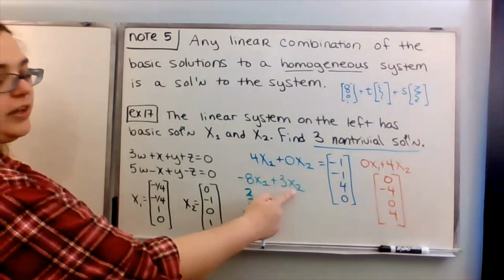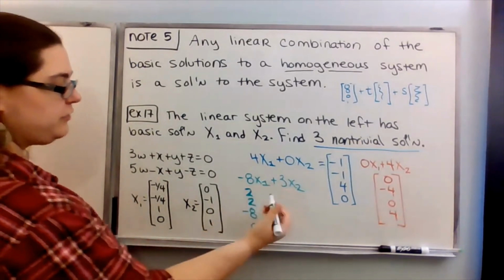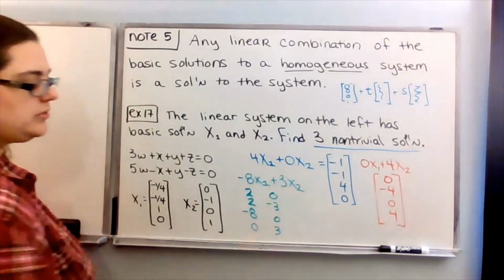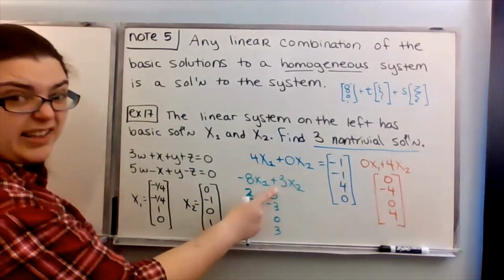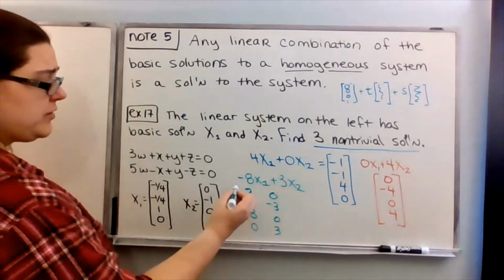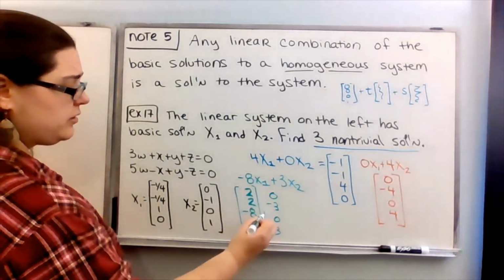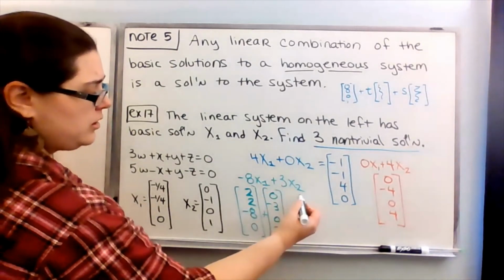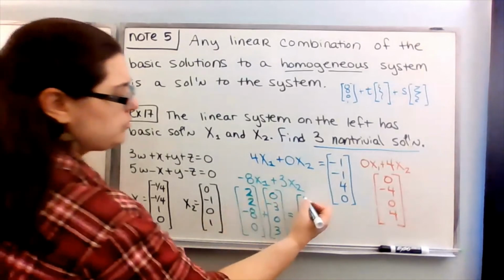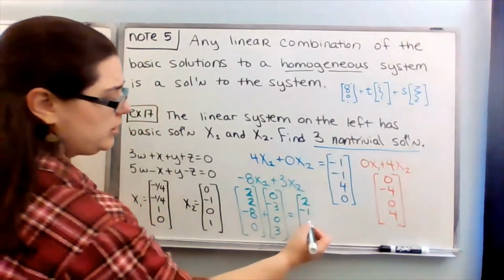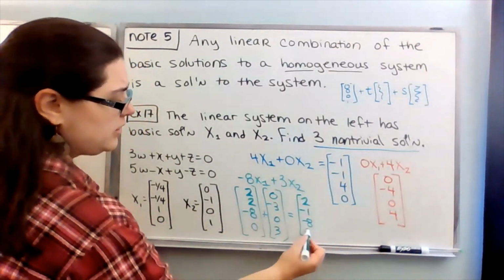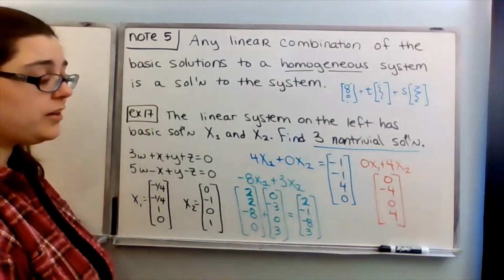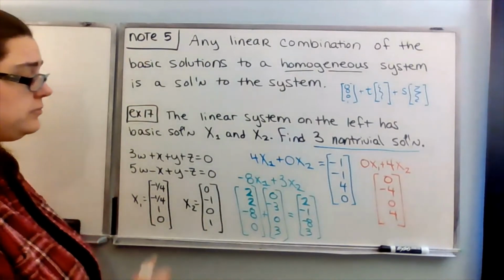And if I take 3 of the second matrix, that's going to give me a 0, -3, 0, 3. And now I just add them together to get my final answer. So really what I'm doing is this. And in the end, I get 2, -1, -8, and 3. So this is a third non-trivial solution to the system.